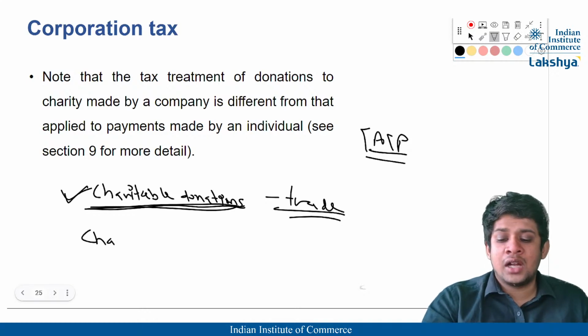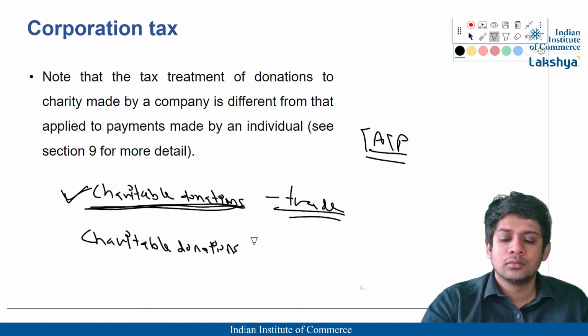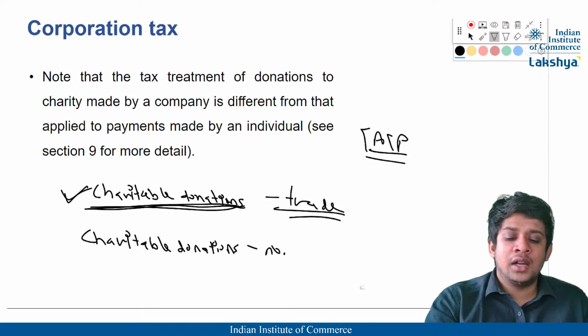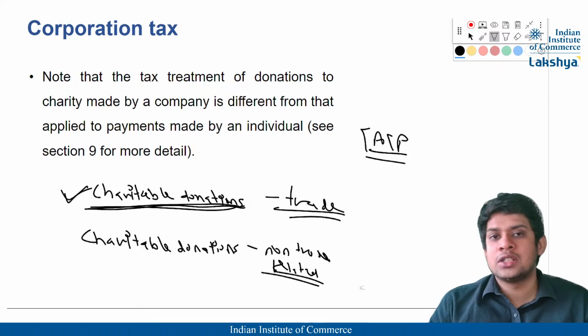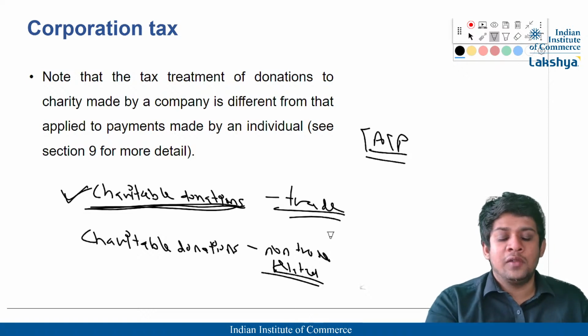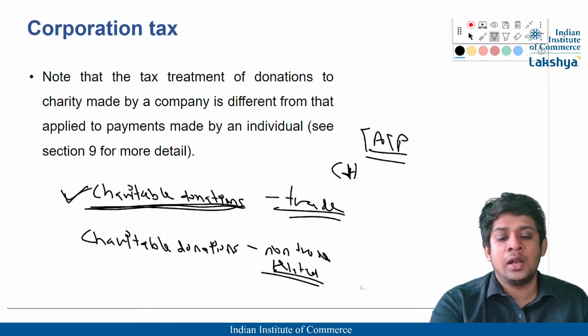But if any charitable donations are made which are non-trade related, maybe I've contributed to a national charity, then if it is shown in the profit as a deduction, it will be added back while calculating the tax adjusted trading profit.